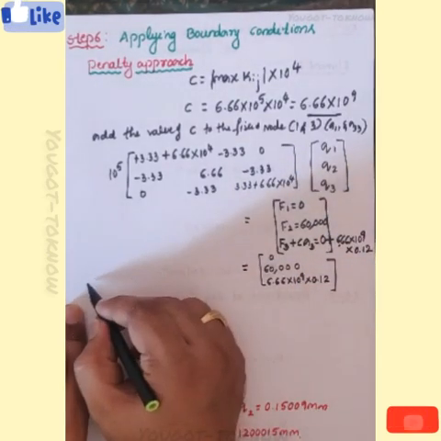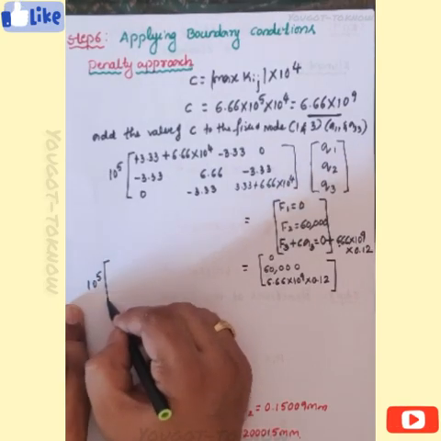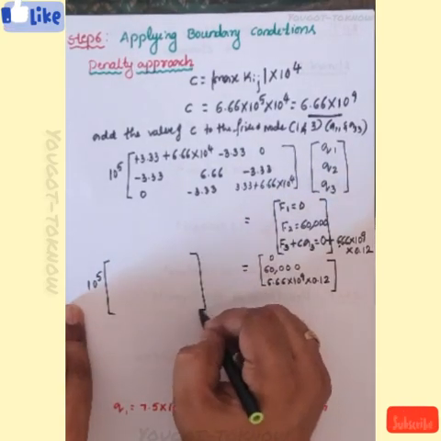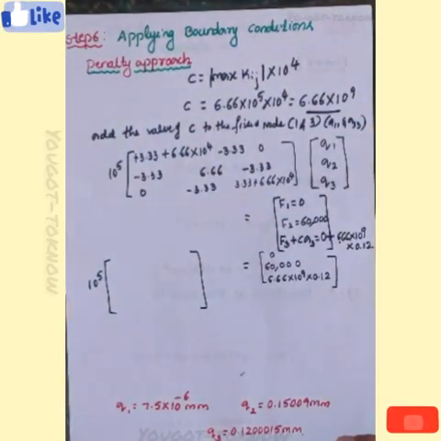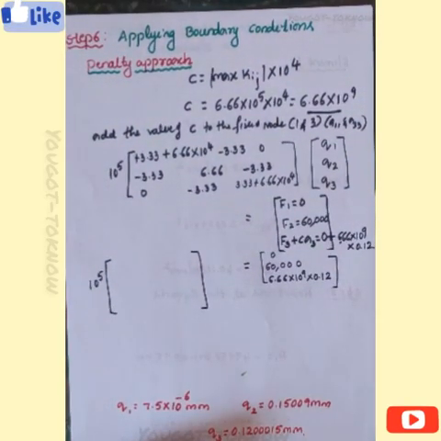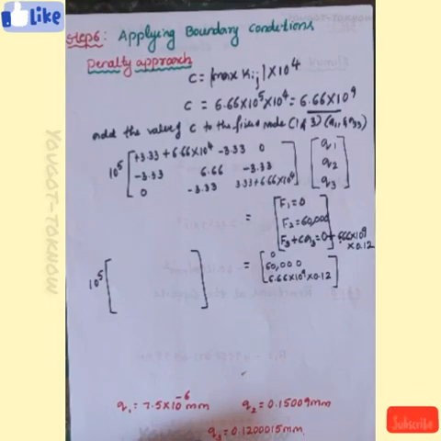Now on this side, write the same K into Q. What is K into Q? Now obtain K into Q and write it. It is 6.66 into 10 power 4 plus 3.33.